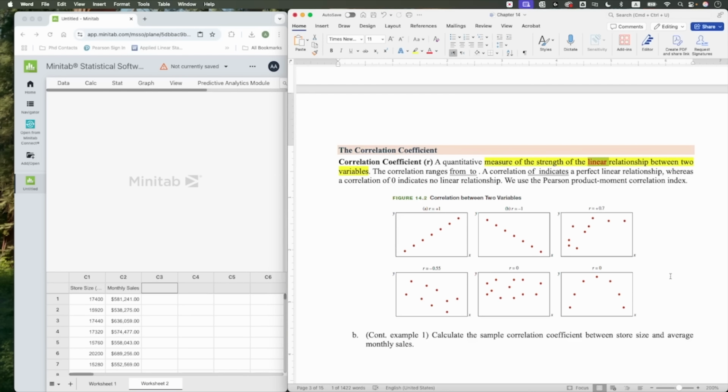Between 0.5 and 0.67, this is moderate. If we have a negative value, the same thing: let's say this is -0.5, it's a moderate negative relationship. If the values of R are getting closer to 0, then we say there's no relationship. And if R is 0.3, it's a weak linear relationship, weak. So you can kind of look at this behavior, okay?